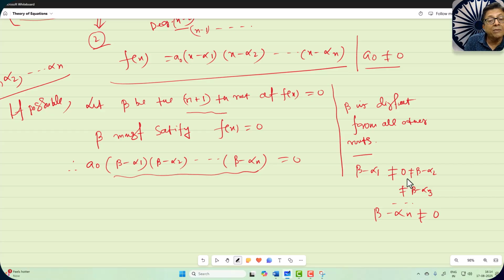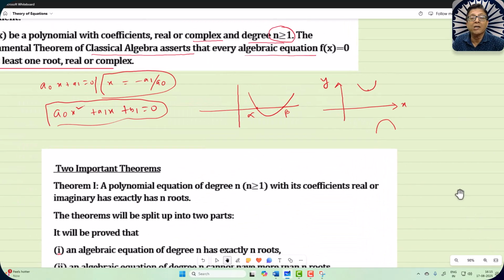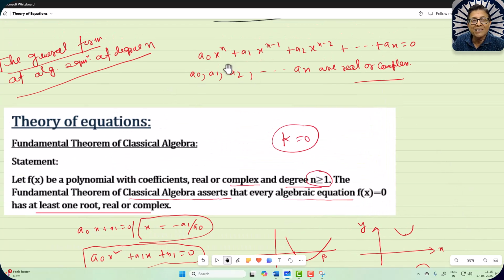So what does this imply? None of them are equal to 0. This is not, this is not, this is not. So product 0 means a0 equal to 0. If you take a0 equal to 0, then it will not remain a polynomial of degree n, isn't it? It is a polynomial of degree n since a0 is not equal to 0.